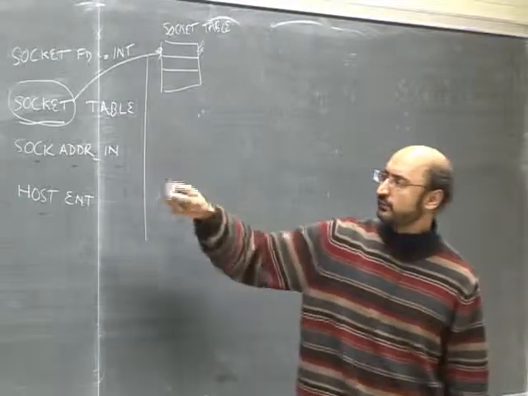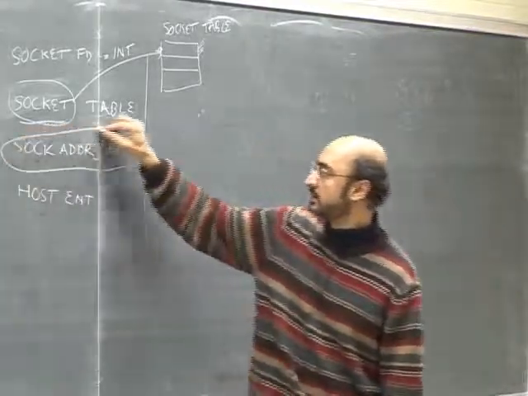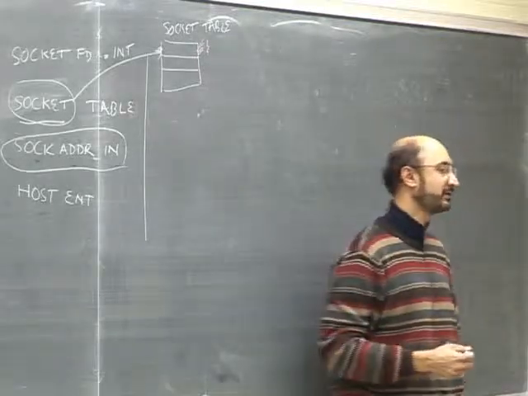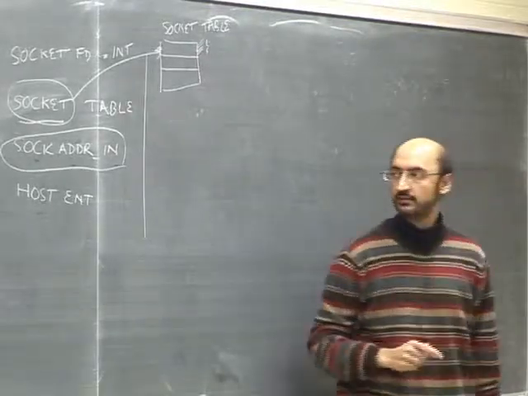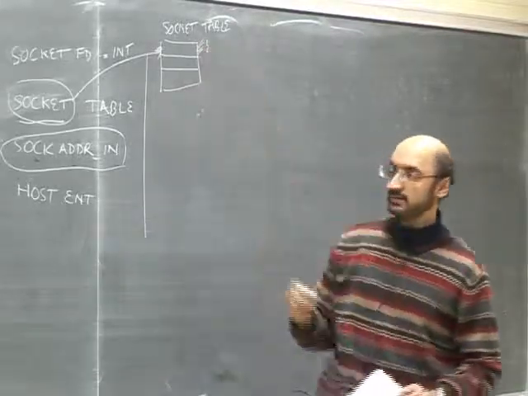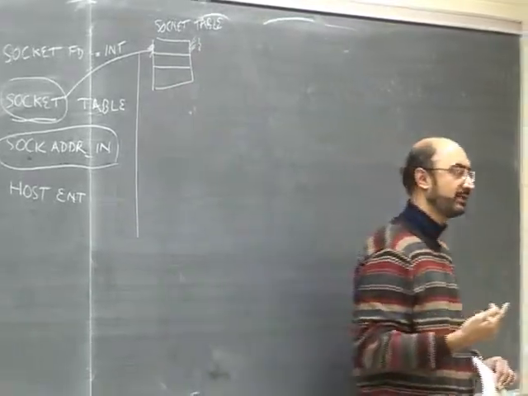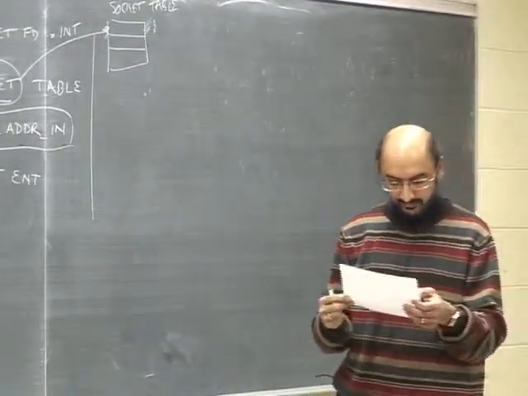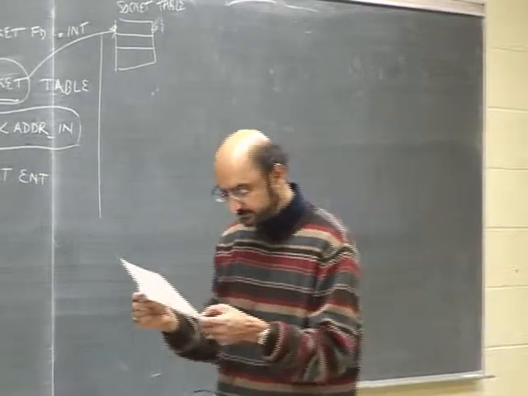The second one is what's called the sockaddr_in. This is sort of this stuff over here. What is it that's stored in the socket table corresponding to this socket? What we really want to know over here is, who are we talking to? That's basically what we want to know. And so this has three fields in it.